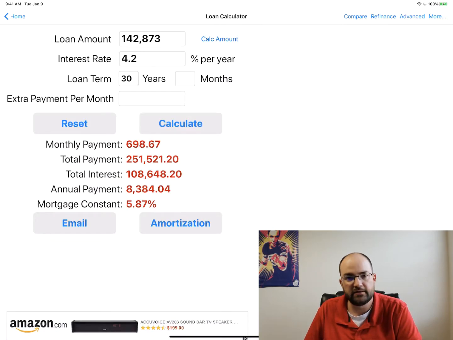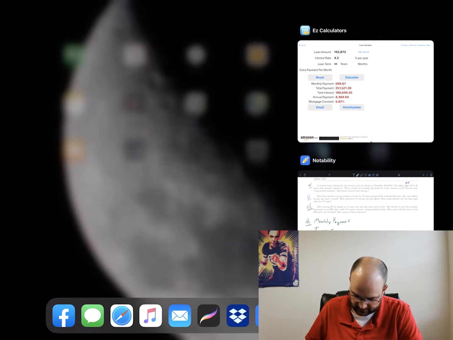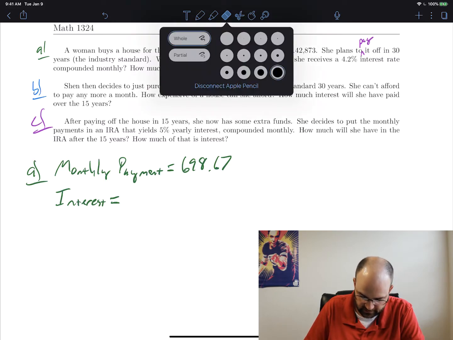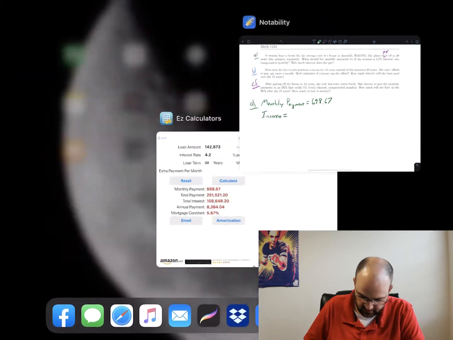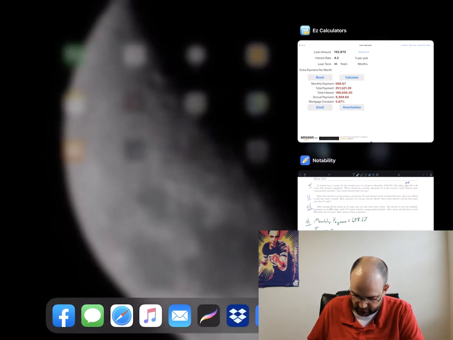If we calculate that, the monthly payment is going to be $698.67. Helps if I write it in the correct place. As for the total amount of interest that was paid, that was $108,648.20.